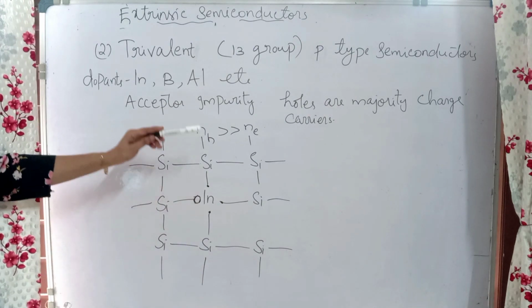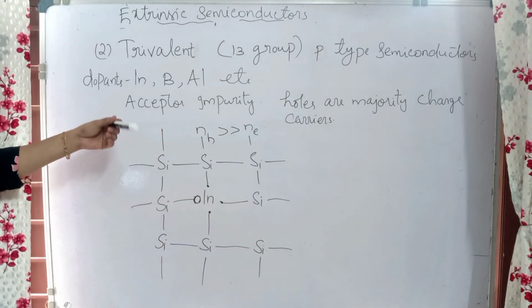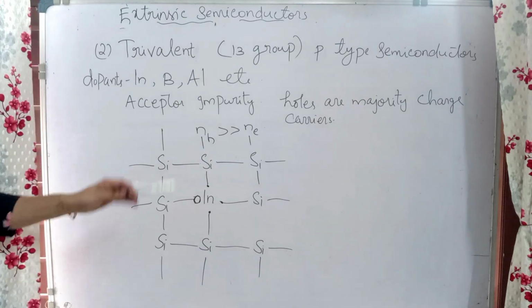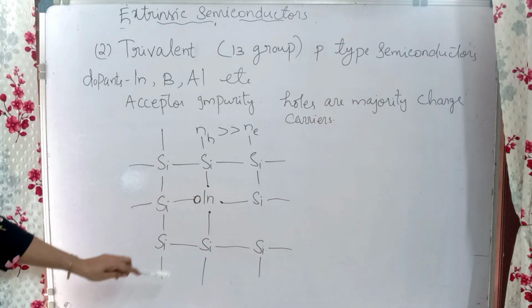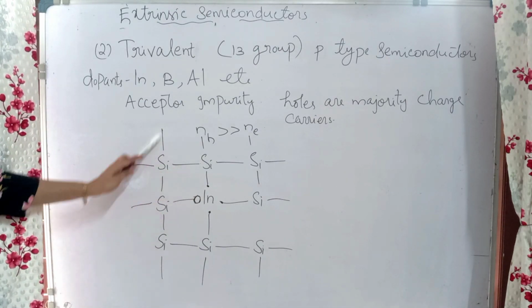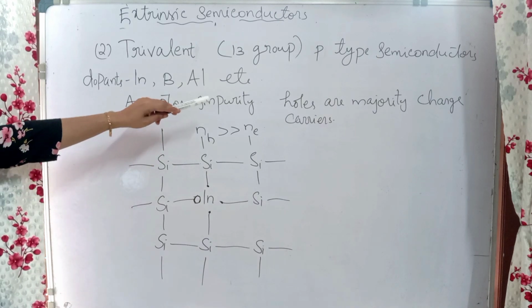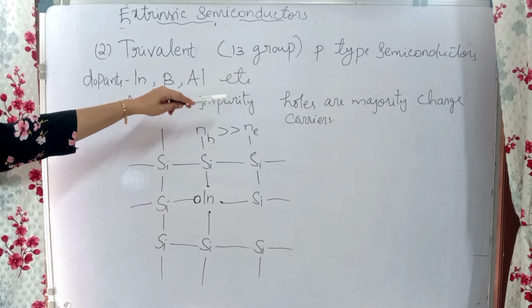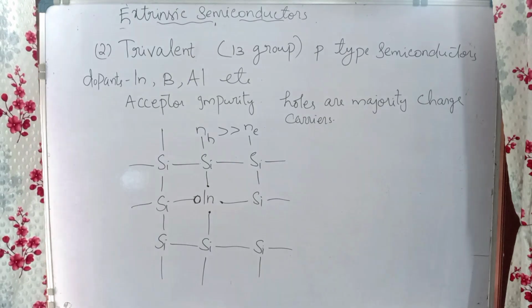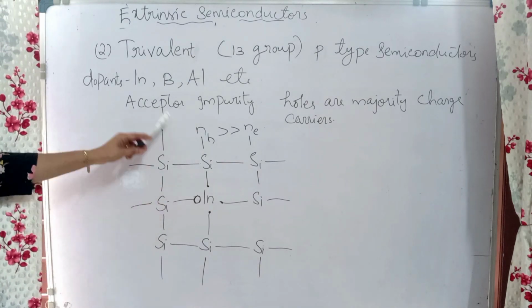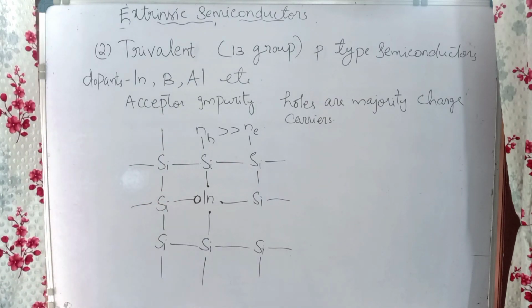And here we can see that however many atoms we add, that many holes will be created in this crystal. So holes will be the majority charge carriers and electrons will be minority charge carriers here, and this is called acceptor impurity.